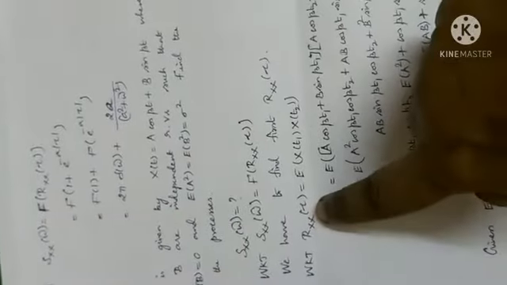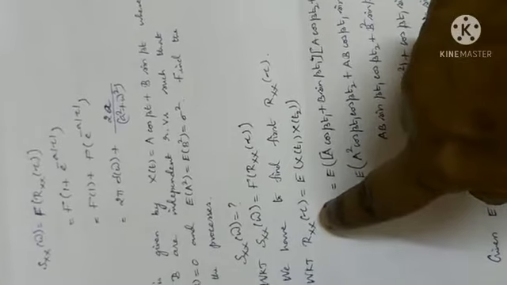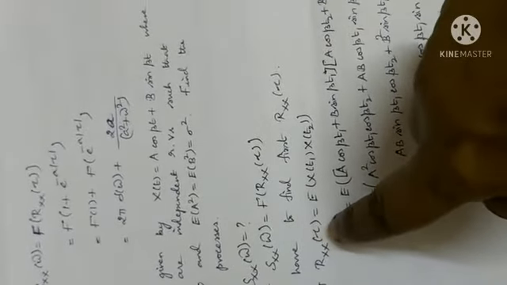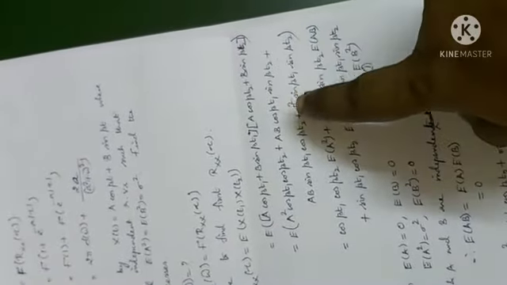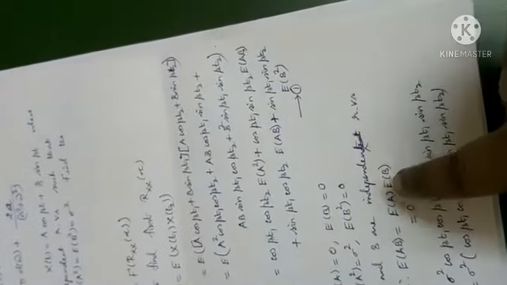To find the autocorrelation function, we know Rxx of tau is Rxx of t1 comma t2, which is E of x of t1 into x of t2. X of t is known, replace t by t1, t by t2. Multiply the first term into the first term. A and B are the random variables, which will be inside the expectation. Other terms can be taken outside. It is given E of A square and E of B square are sigma square.